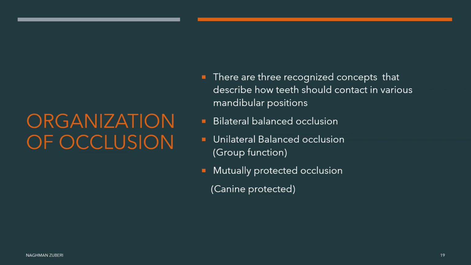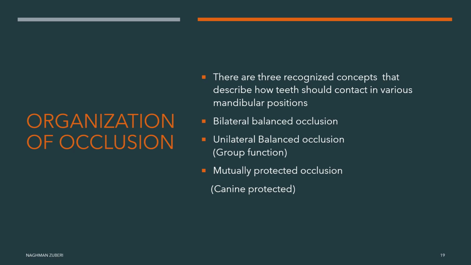When we see mutually protected occlusion, it means that in centric occlusion or maximum intercuspal position, posterior teeth will be interdigitating and anterior teeth will be slightly out of occlusion. There will be a slight gap between the anterior upper and lower teeth, so that there won't be any problem on the anterior teeth.